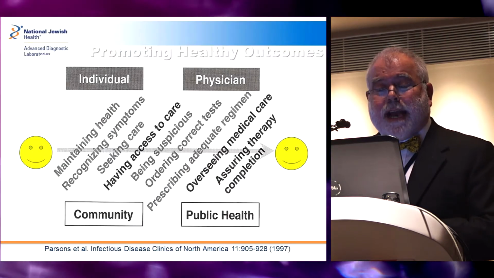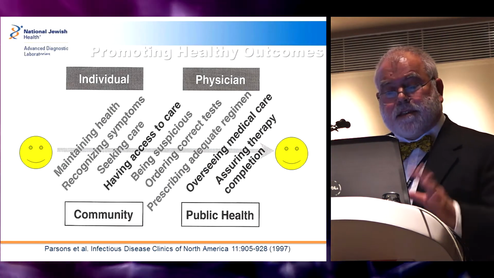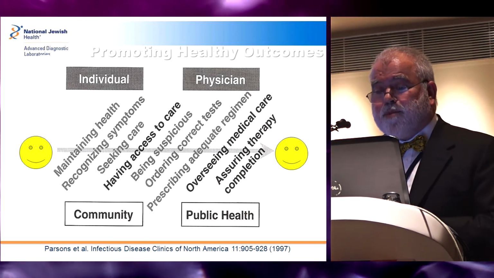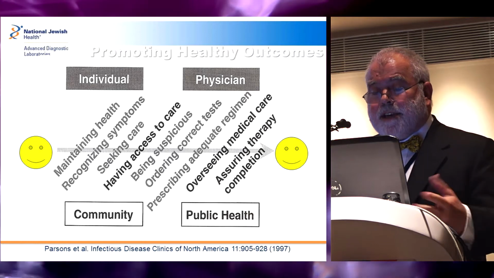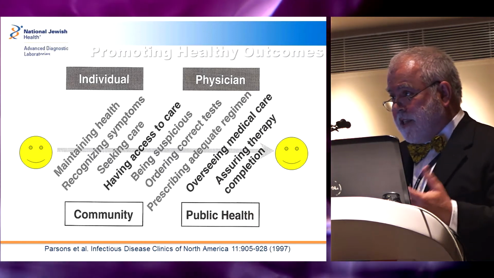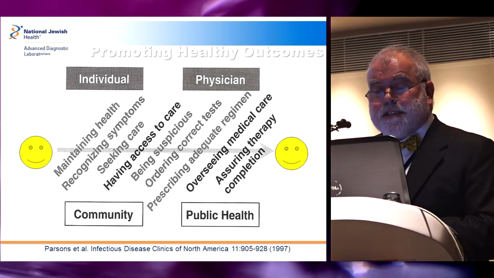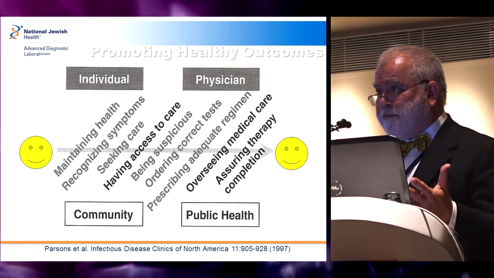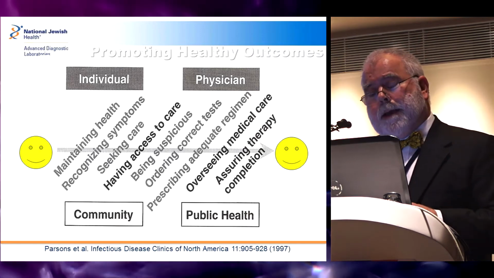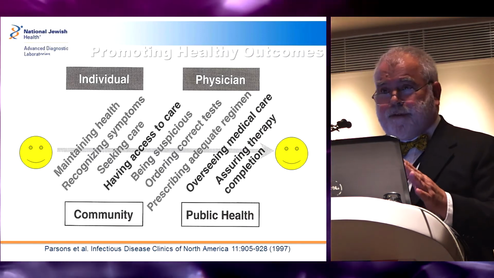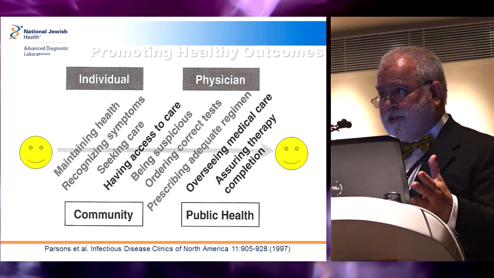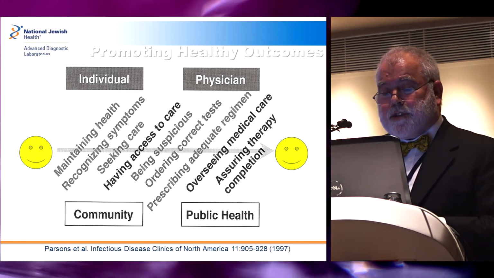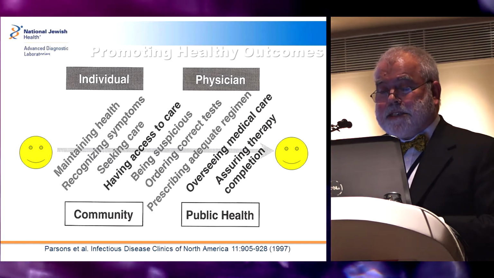Promoting healthy outcomes starts in the beginning with maintaining health. It's the individual's responsibility, recognizing symptoms, and in this particular case, TB symptoms, seeking care. As healthcare provider or laboratory scientist, we don't have any impact here. Then the community also has a responsibility to provide access to care.